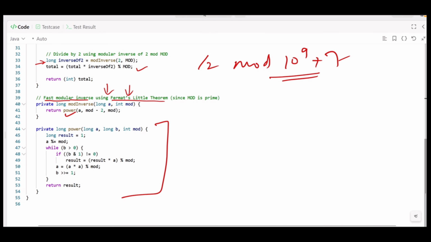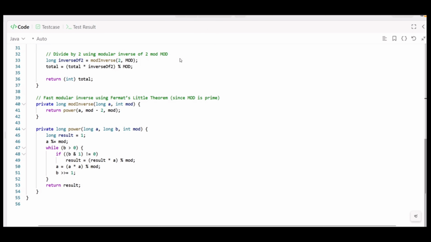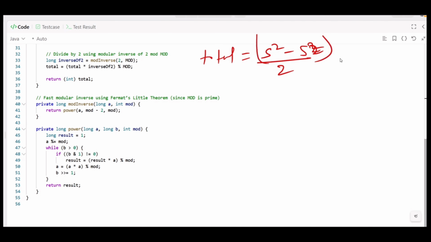So let me explain again in our context why we are using this, right? You remember in our problem we have used total, right? In the above part, I will not go up again, so you can just go back and you will understand. Okay, and then we have to take the mod, I told you 10 to the power 9 plus 7, right?